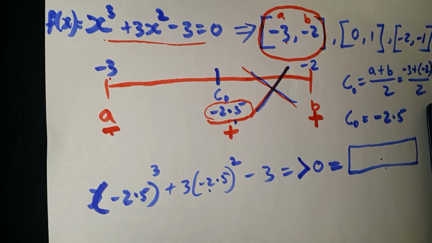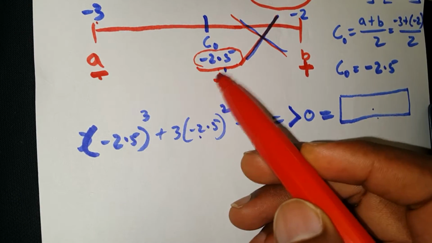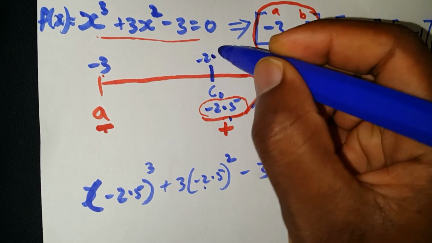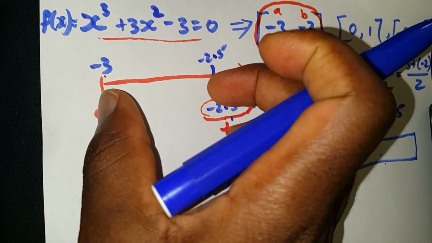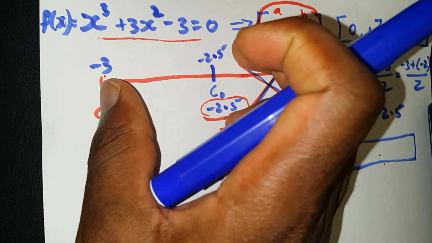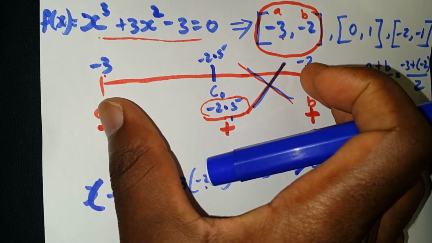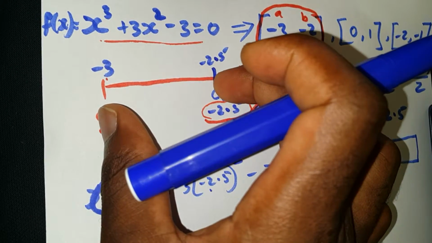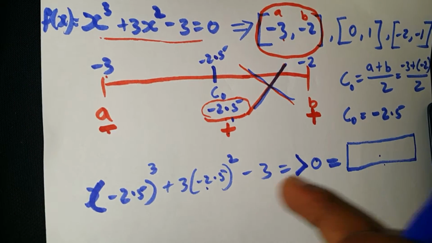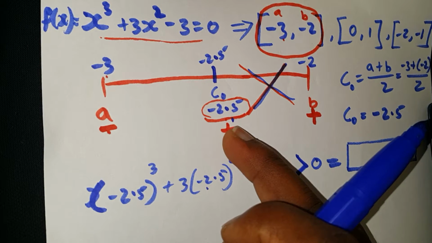So now we have a new interval from here, A and B. Now here is -2.5. This place is gone. In that case, this is our A and this is our B. Before, we called this place A and B and found the midpoint, and we call it C. After you solve it, you put C, get the value, put the sign, and you find out that the sign for C is positive.